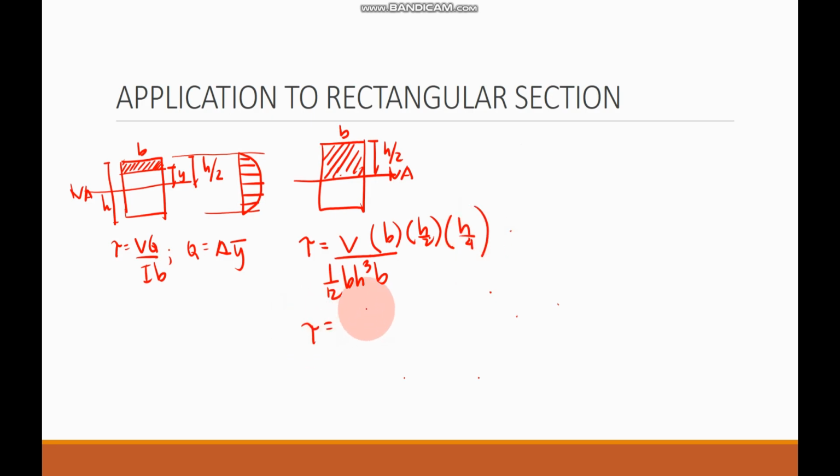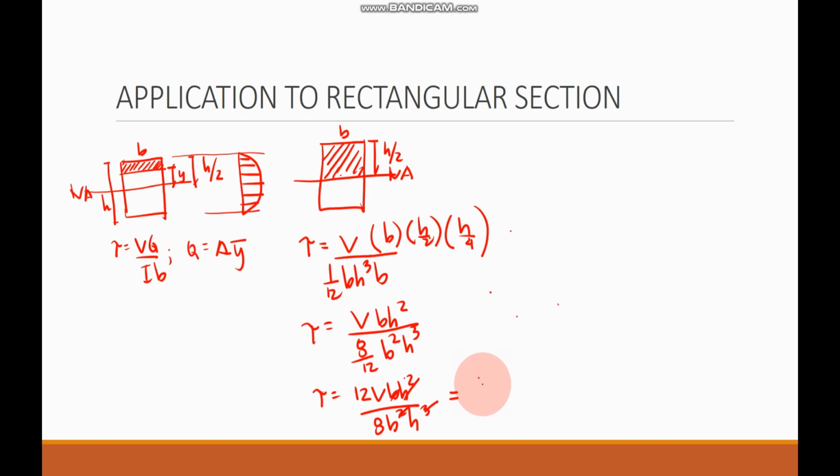So we have here V of BH squared multiplied by 8 over 12 of B squared H cubed. So we have here 12 of V BH squared over 8 B squared H cubed. So cancel this out, and then this one.